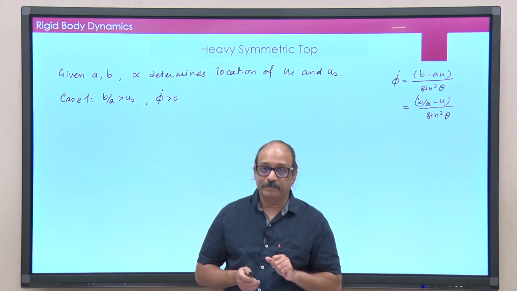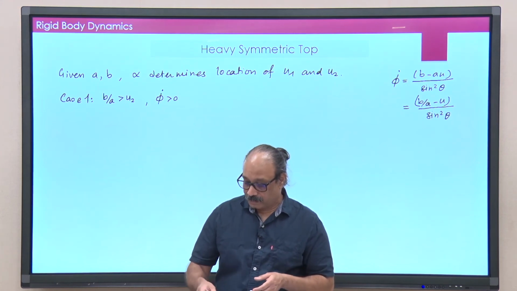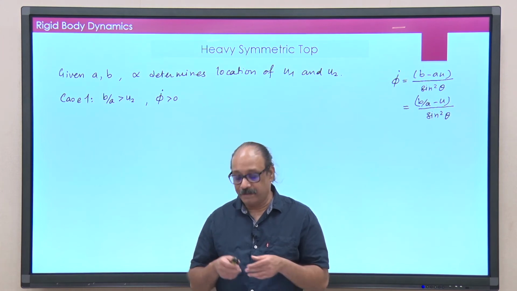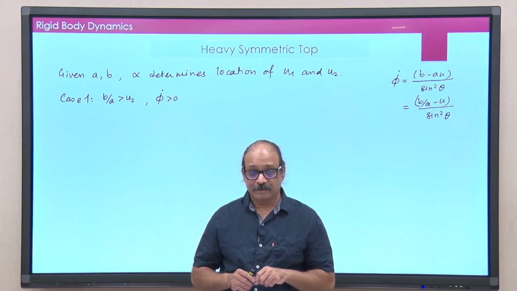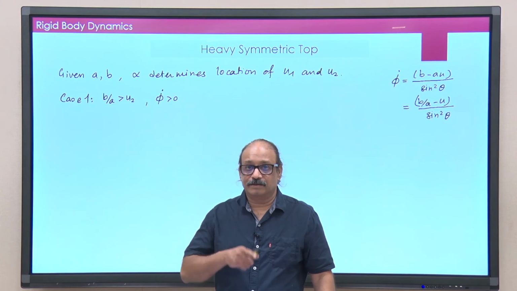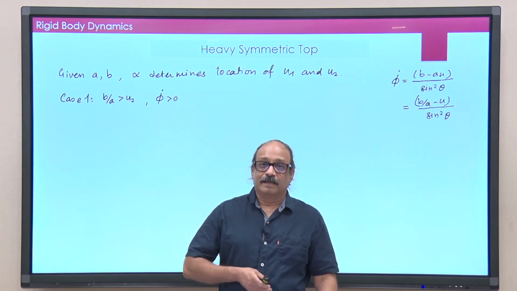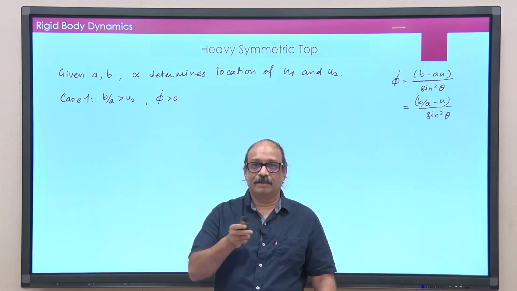Now, if b by a is greater than u2, then you can see phi dot basically is given by b minus a u, but u is always less than u2, which means b minus a u is always a positive quantity. So, phi dot will be always positive, the angle phi will be monotonically increasing all the time.